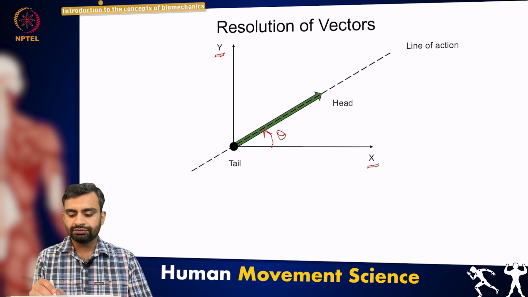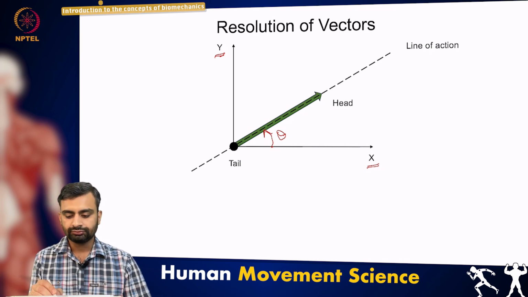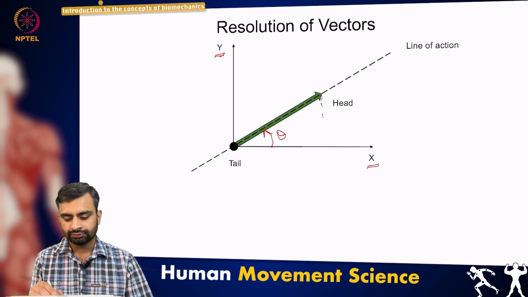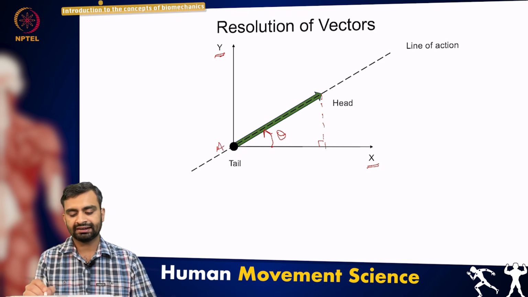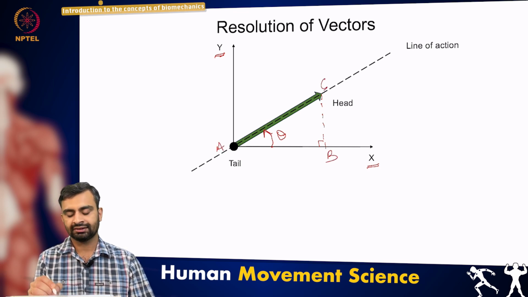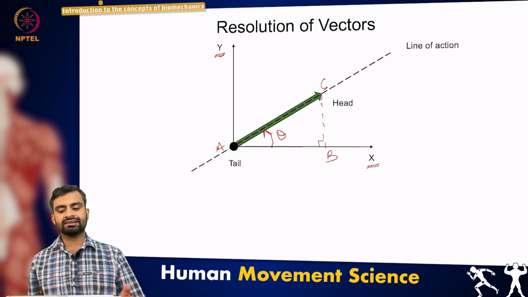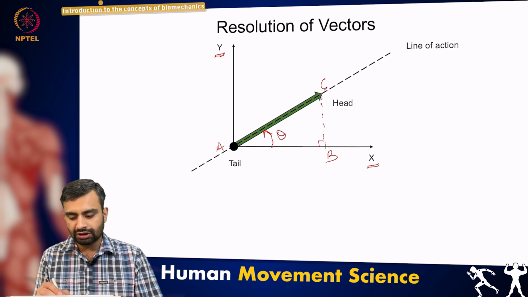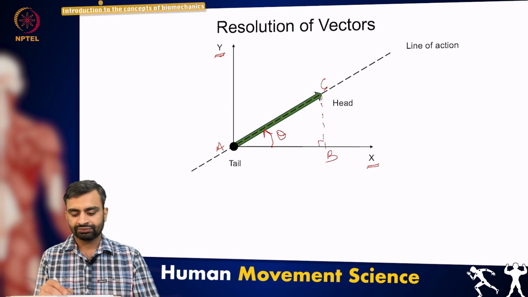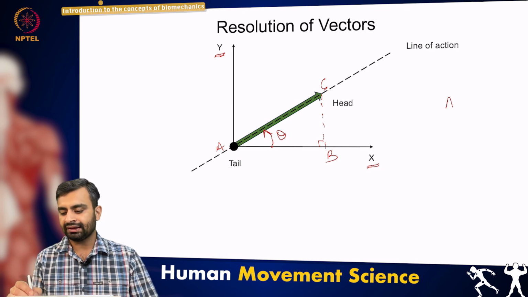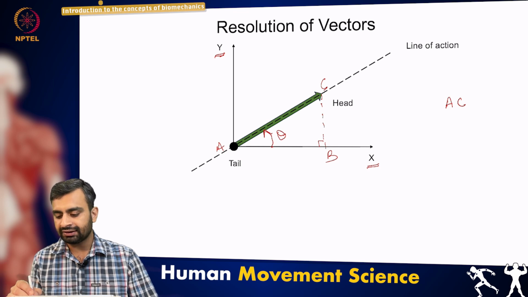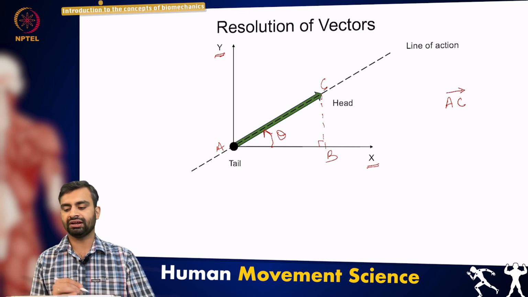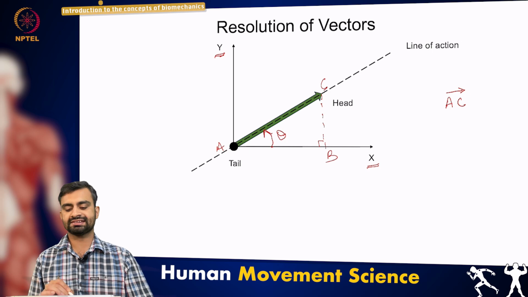We will draw a vertical line from here at 90 degrees. So this whole thing becomes a right angle triangle, and the vector can be resolved into a horizontal component. Let us define this vector AC. In vector notation, a vector is represented by an arrow on the name of the vector. So AC is a vector.